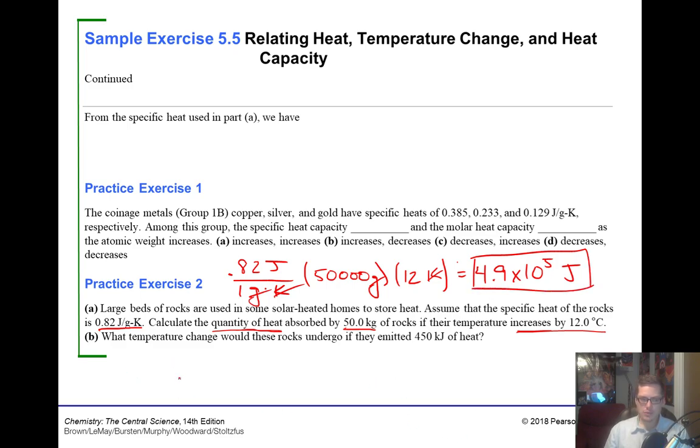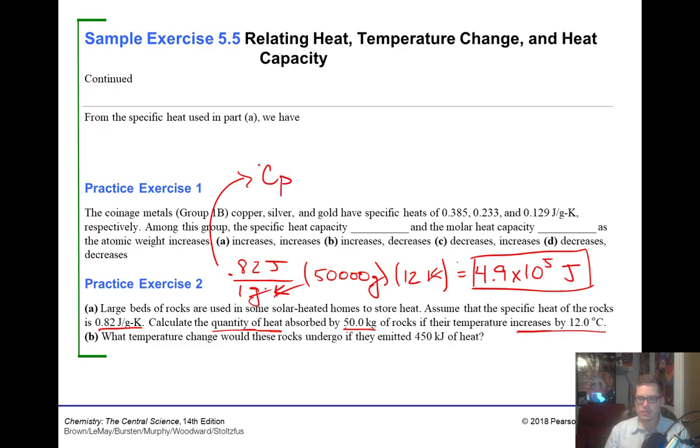It says, what temperature change would these rocks undergo if they emitted 450 kilojoules of heat? If you look at this setup right here, I'm going to rewrite this information as what it was. This was the heat capacity, or the specific heat, so we'll call that Cp.